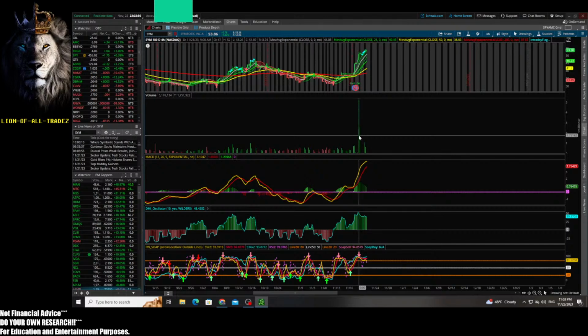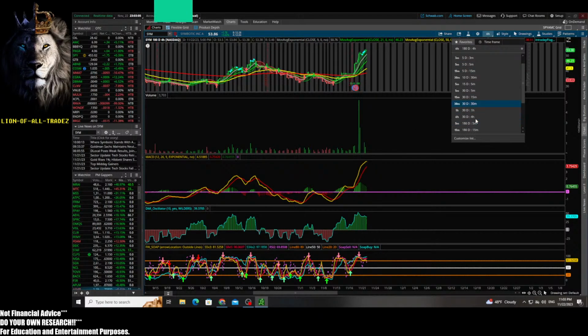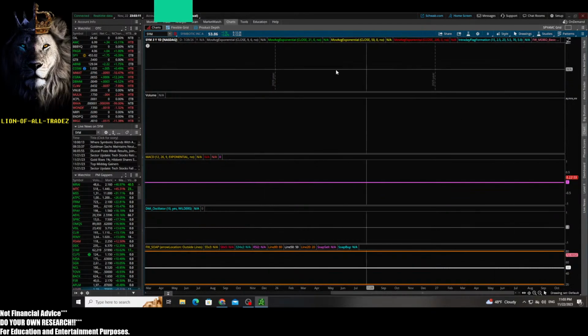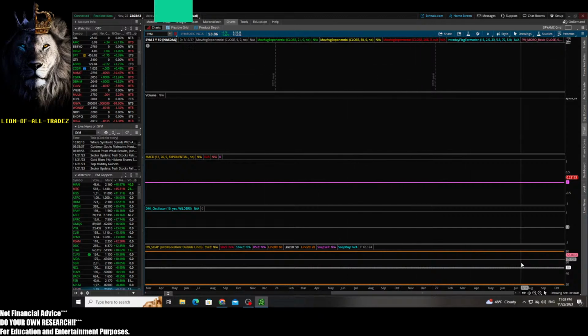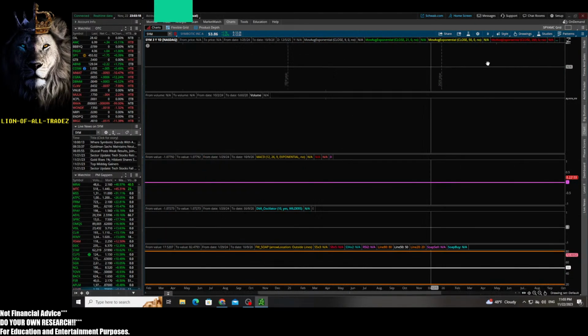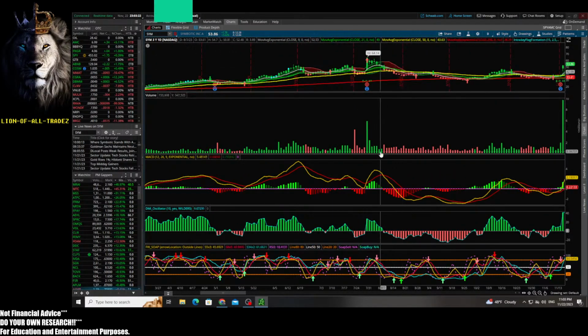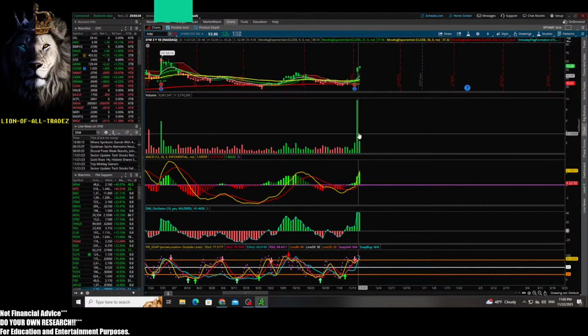Damn, there's a lot of volume here. 5 million. Damn, how much did this trade? What was the volume on this? Look at the bar on this. Hold on. Yo, that is crazy. Look at the volume bar on that.